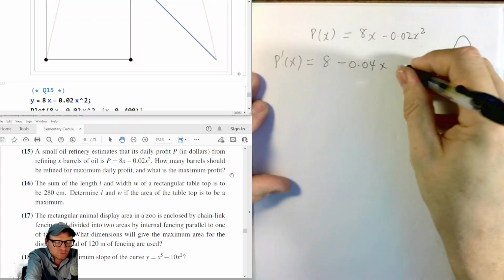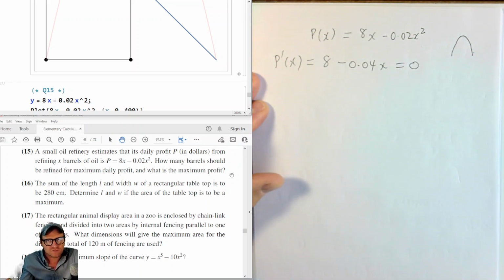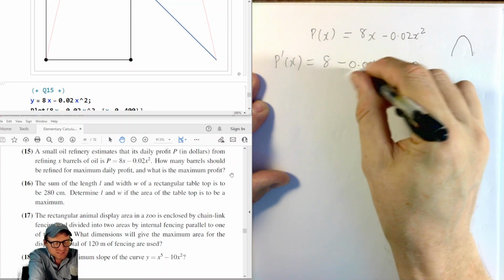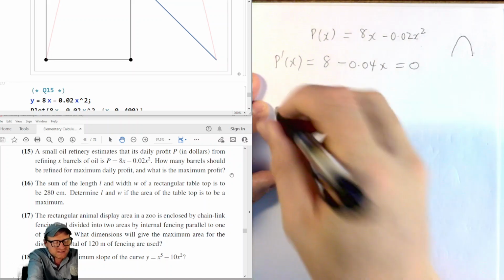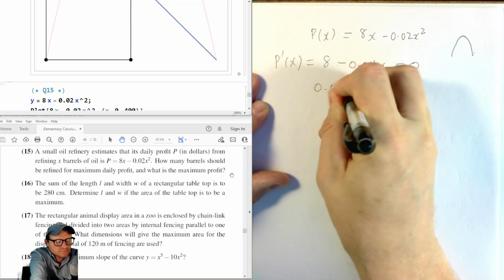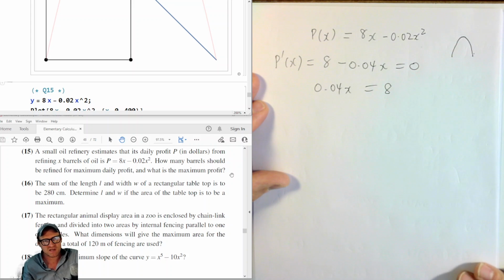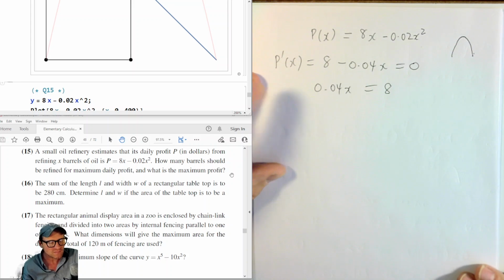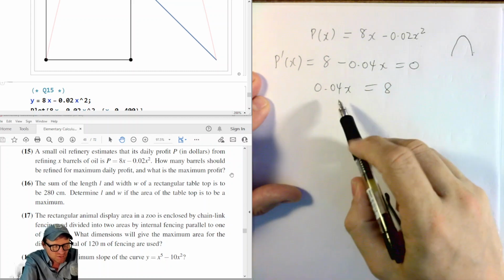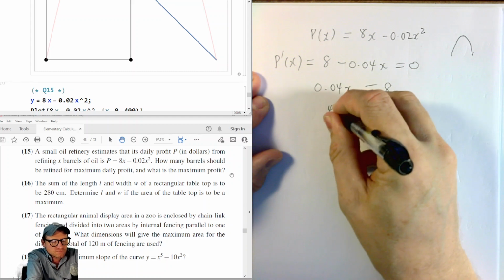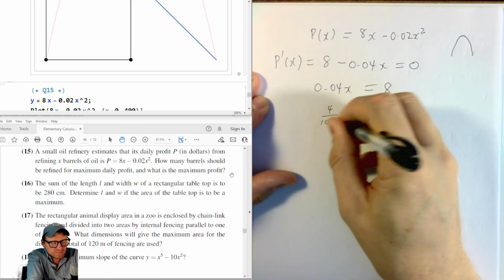So when is this 0? We want to solve this equation for x. Okay, so we take the minus 0.04x to the right-hand side. So we have this. Now we want to divide both sides by 0.04, but I'm going to do some mental arithmetic, so let's express this as 4 over 100.